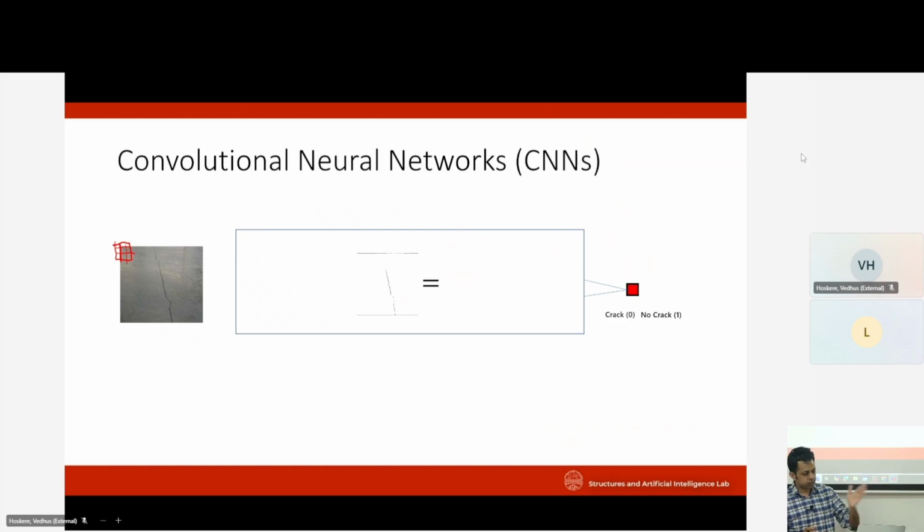So as you move this window along, you record the average of that difference at every point where you move that window. And as you move the window along the whole image, you get zeros mostly. And you can do more things. Instead of just taking the difference, you can blur it out by applying a Gaussian kernel, so it looks more blurry.